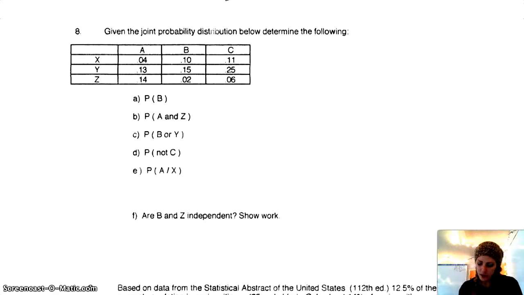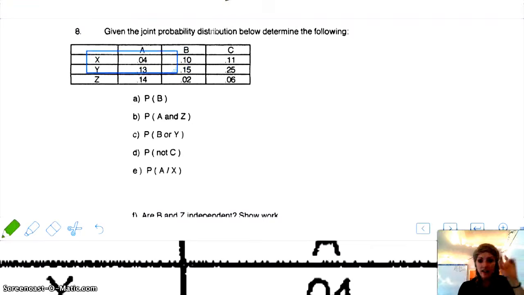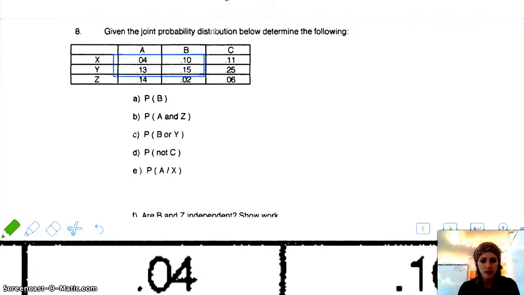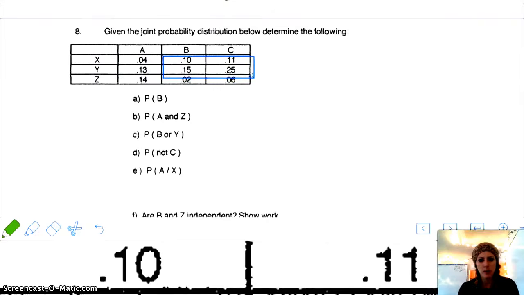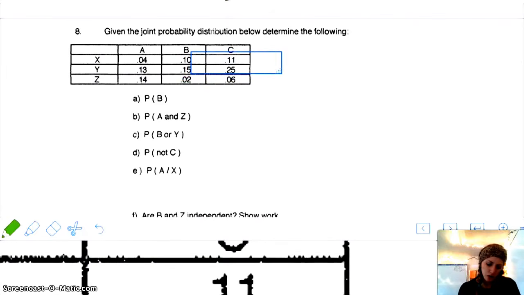So the total probability of X happening is 0.04 plus 0.10 plus 0.11, which is 0.25. So I add that in here, 0.25.